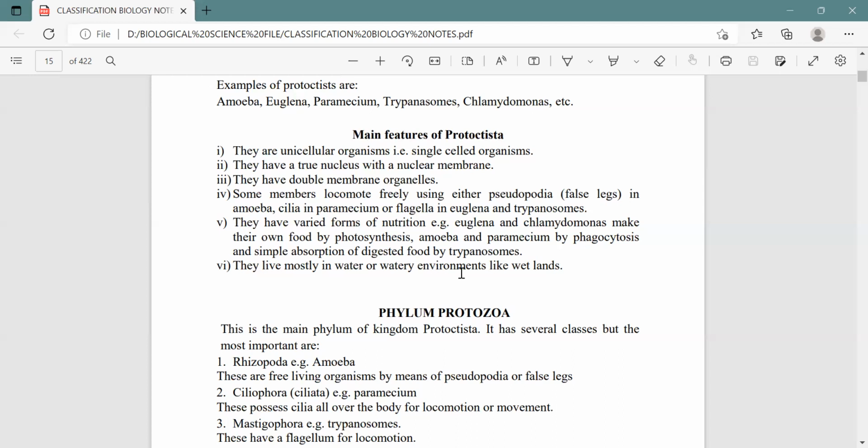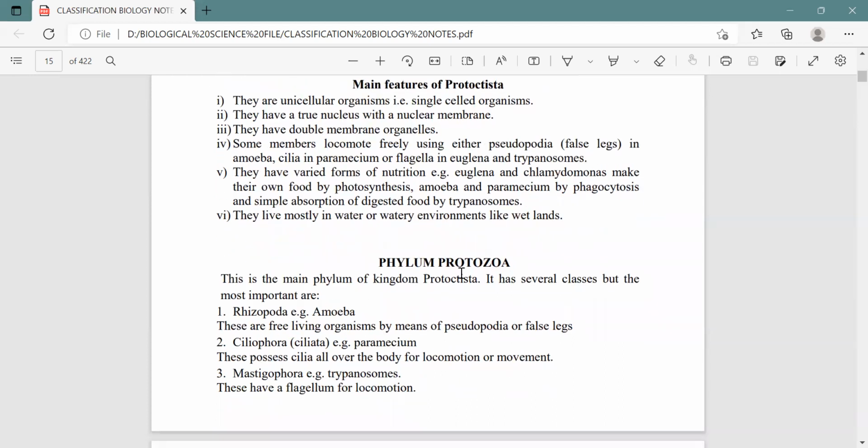They are there in these single-celled organisms. Number 4, some members locomote freely using either the pseudopodia, the false legs, such as in amoeba, or they may use cilia, like in paramecium, or flagella in Euglena and trypanosomes.